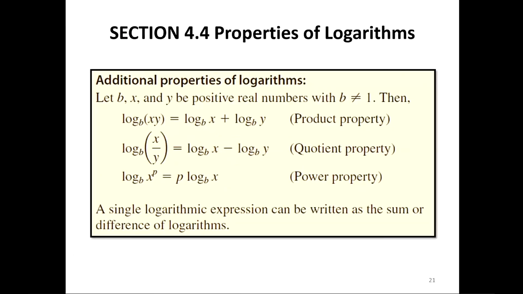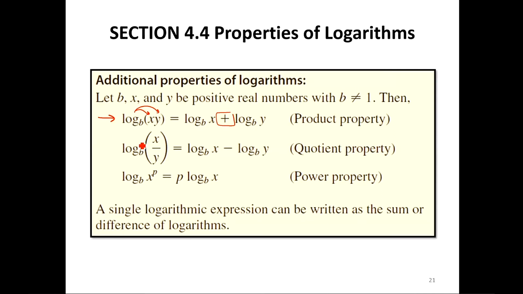More properties of the logarithm. If we have logarithm of x multiplied by y, a product between two variables x and y, we can distribute the logarithm to the first and the second, putting a plus between them. So log x plus log y.